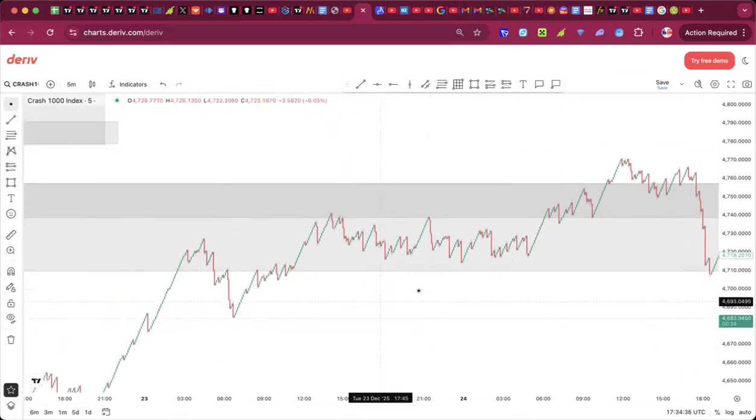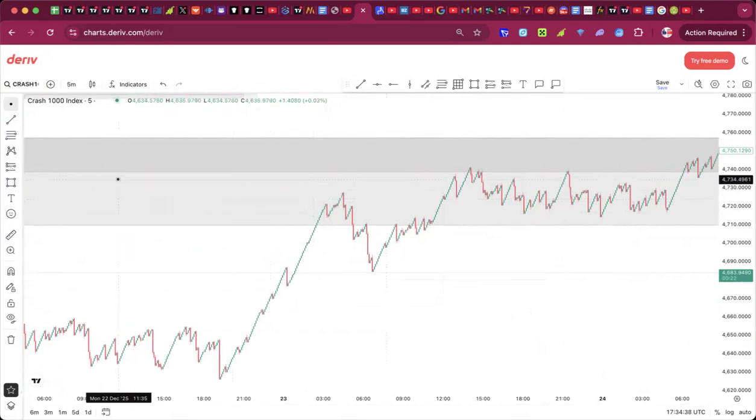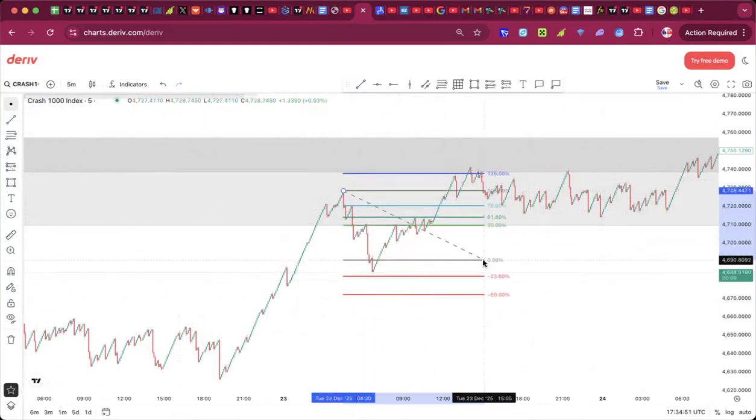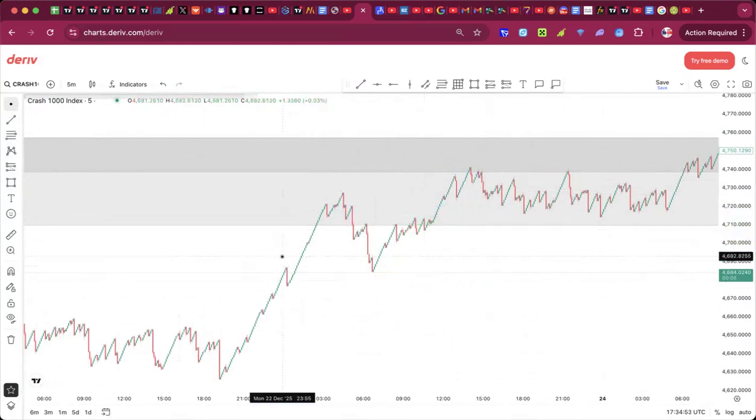Let's look at it. See here now. Take Fibonacci retracement from here to here. It didn't come, it didn't wait. So let's take it on this low, because you can see this is a break and this is a low.